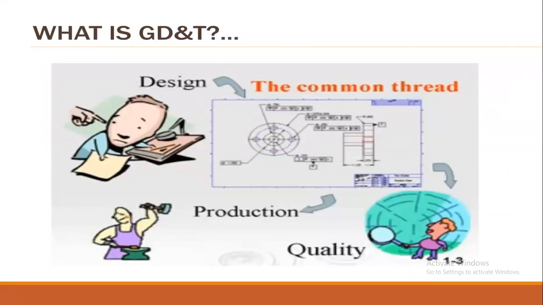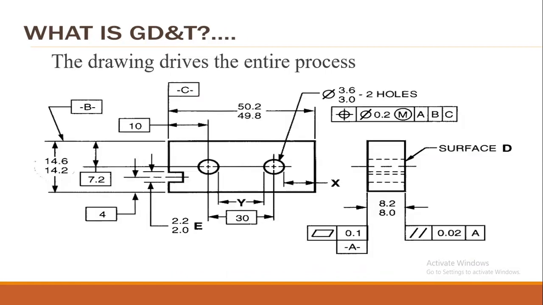If you measure and get some error during quality, your production will also be affected. So these depend on each other, during initial part development and during inspection also. The drawings drive the entire process, from start to end.